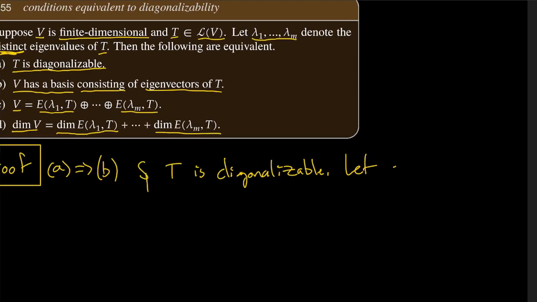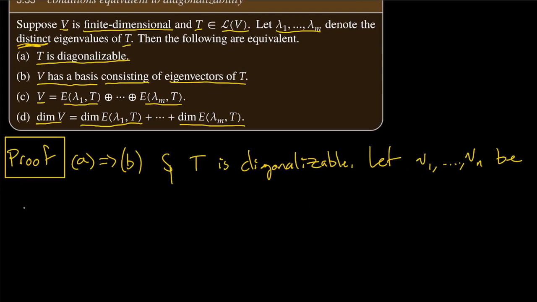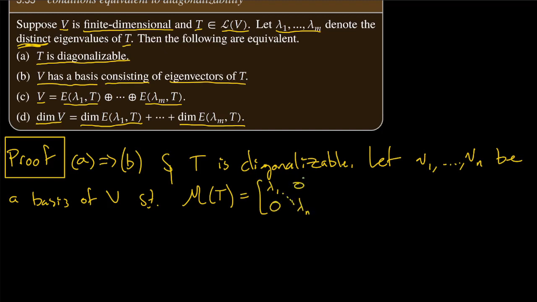Let v1 through vn be a basis of V such that the matrix of T with respect to this basis, I'll write it in the following way, is just lambda 1 on down through lambda n, and then zeros everywhere else.